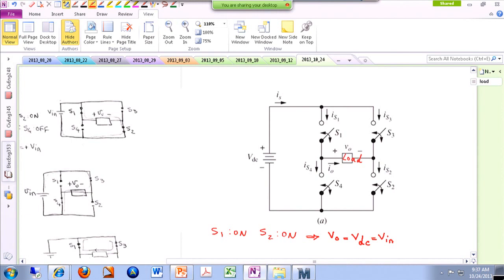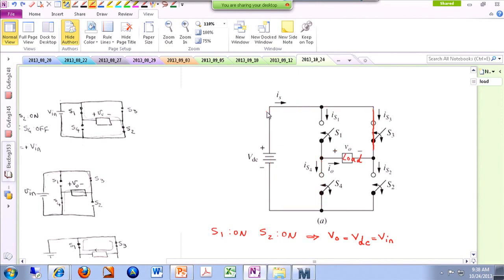The other possibility is if I turn S3 on and then S4 on. So now we are looking at this loop. All right, if you look at KVL at this loop, you realize that your output voltage is the opposite of the input voltage, or Vout plus VDC should be 0.